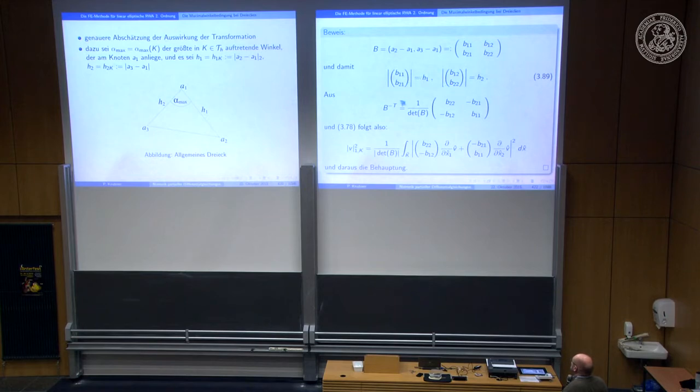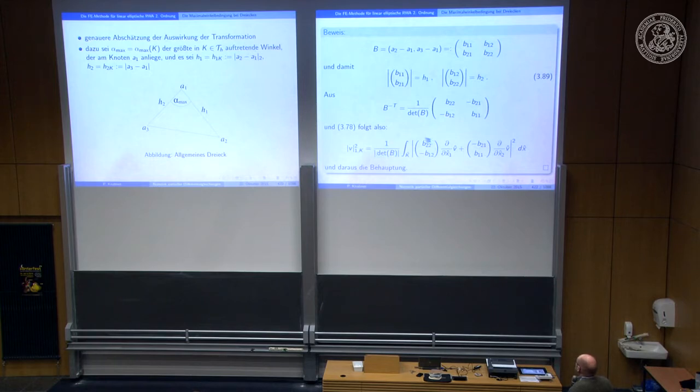And now again, we discussed this already, how the inverse looks, and now we're not interested in the inverse, but the inverse transpose. Then again, we switch those elements which have the minus sign. And that means if we now do the transformation without estimating, what do we get? We get the 1 over determinant in front.